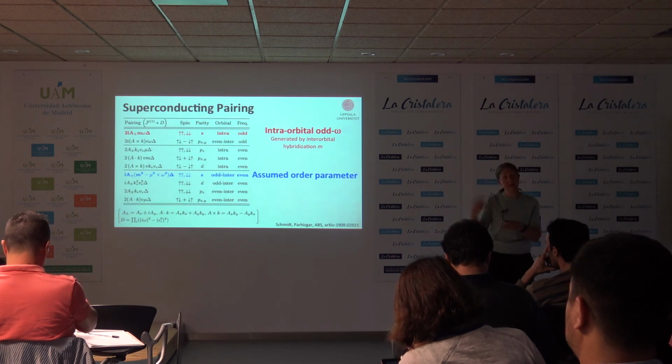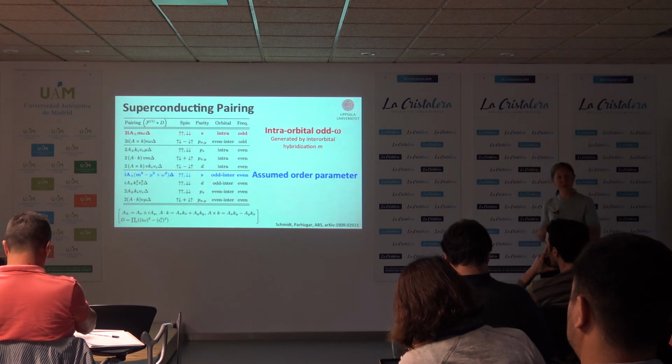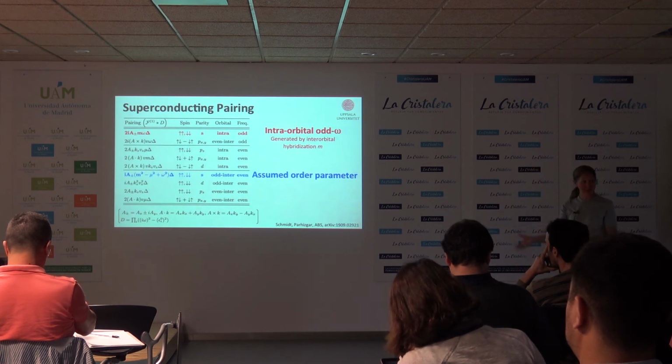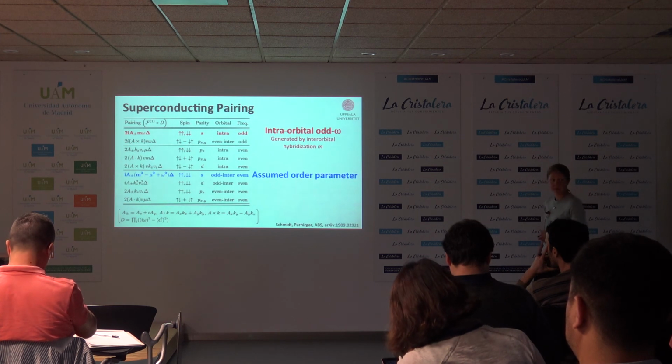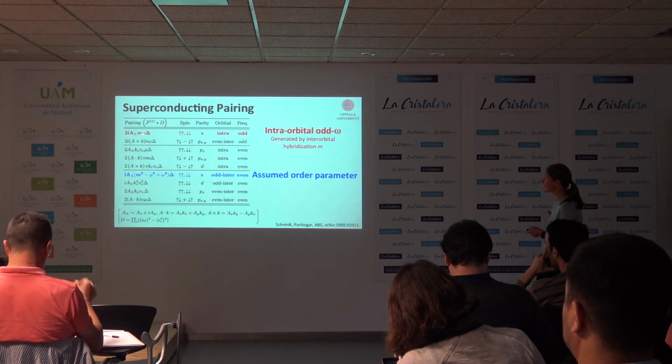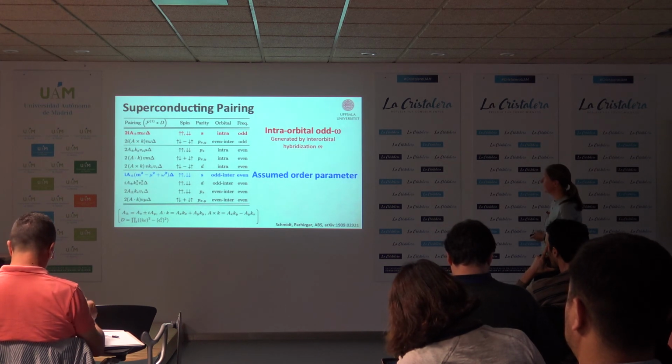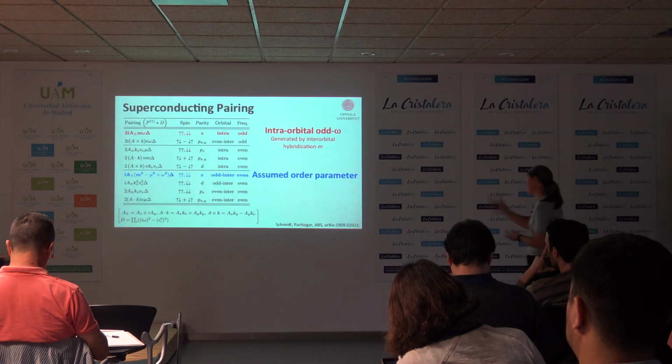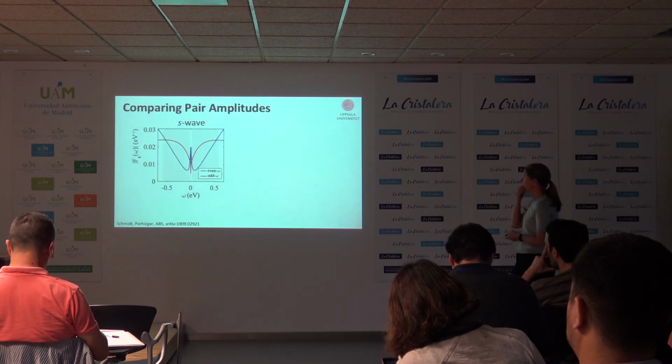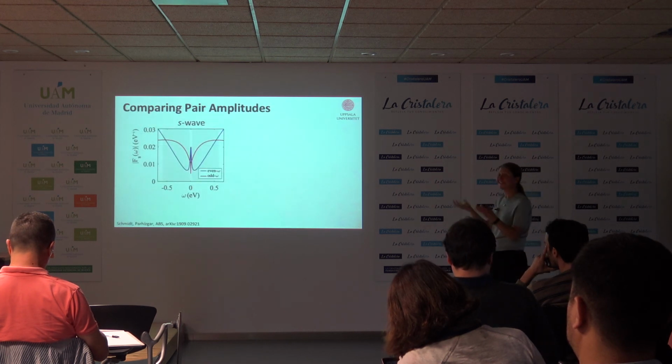So this would be the type of pairing you most normally would think of, that you have pairing inside an orbital, not in between orbitals. But to have that, you actually have to be odd in frequency. And it's generated by the interorbital hybridization. You need to have this in there. Okay, fine, it's there. But then we looked at, what are the sizes?